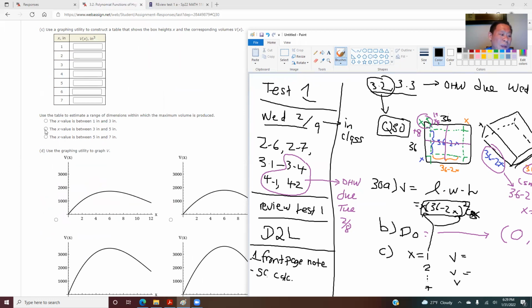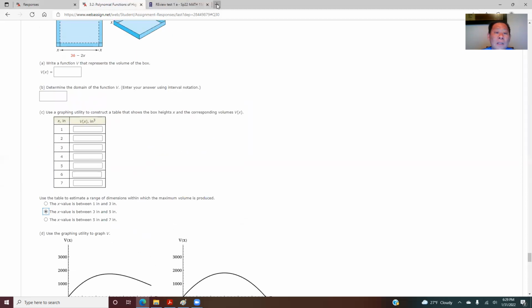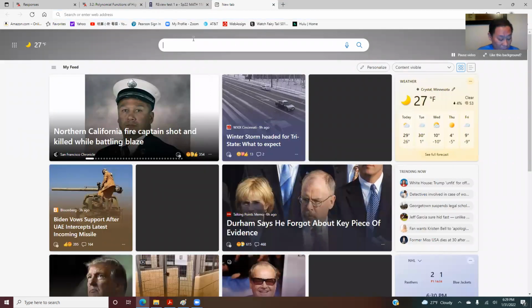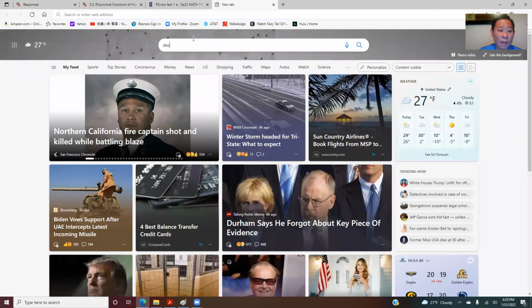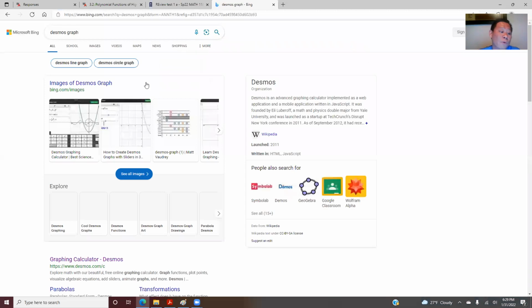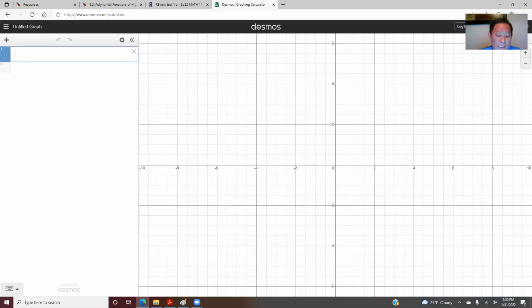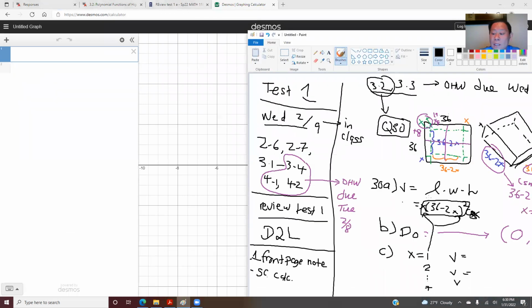So I was thinking about 3 and 5, and then you need to use a graphing utility to graph this V. In this case, if you don't have a graphing calculator, then I will recommend you to use the Desmos graphing since it's free. So what you do here is you just type down the volume equation in this case, which is given by x times 36 minus 2x squared.